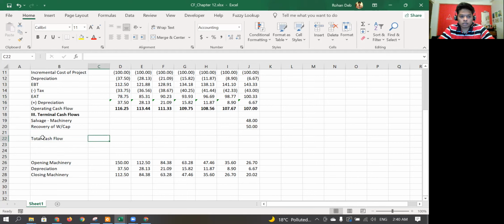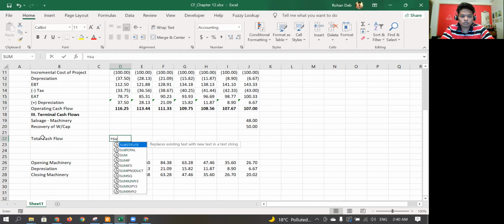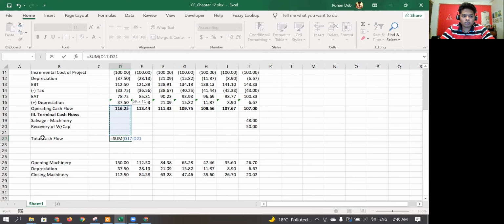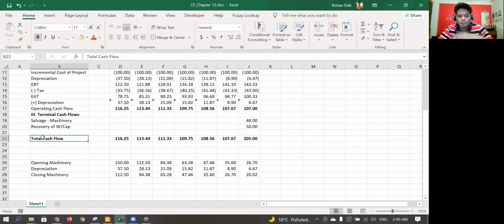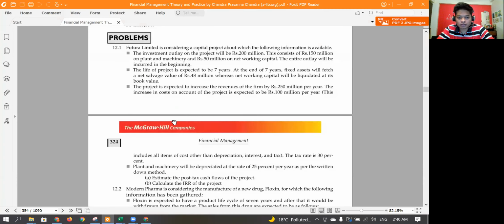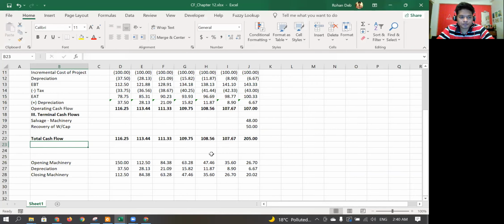So this is my total cash flow, equal to the sum of all these values, Control R, bold. So these are my cash flows, the estimated post-tax cash flow for the project. Now calculate the IRR of the project.